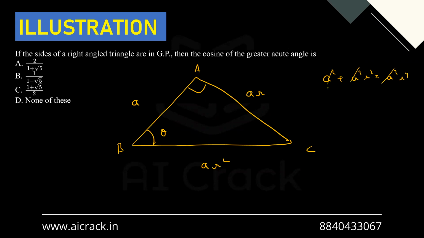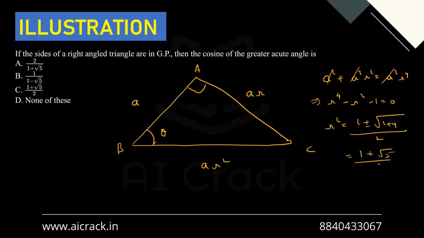A square gets cancelled out, so we get r to the power 4 minus r square minus 1 equals 0. So r square would be 1 plus minus under root 1 plus 4, divided by 2. But r square cannot be negative, so minus would be ignored. That gives me 1 plus under root 5 by 2.